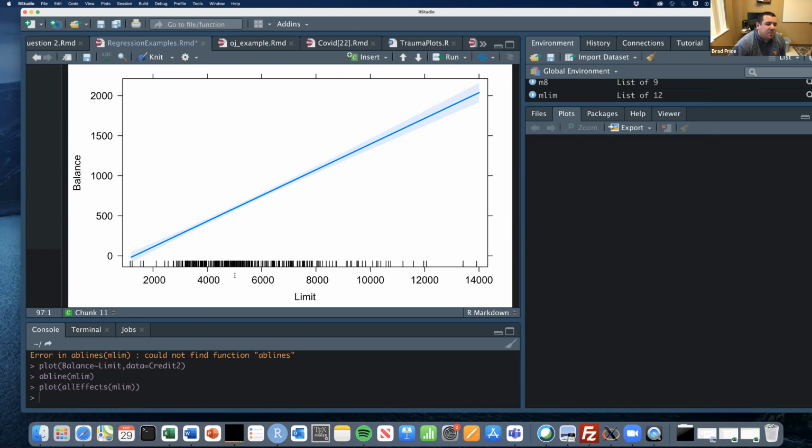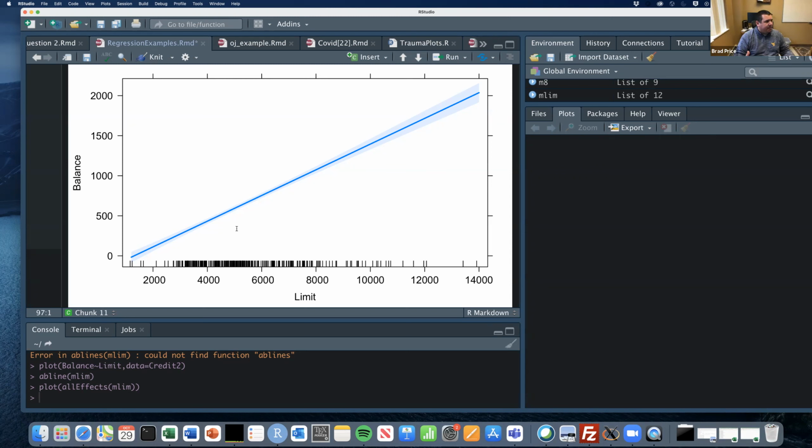Those little tick marks down there show you where a majority of your data is, right? So all it's doing is basically saying tick, tick, tick about where the density is. See how you have that tighter interval right here, right? That goes back to what we've talked about with confidence and prediction intervals, where we have much more certainty where we have a lot of data, right? And less certainty where we have less data. That's all this is telling you.